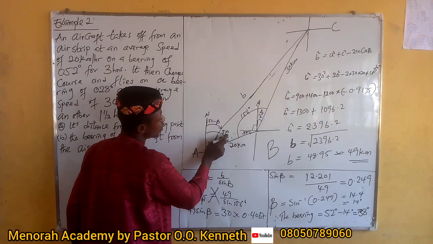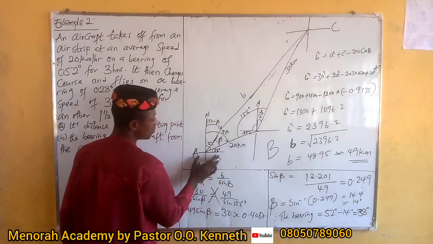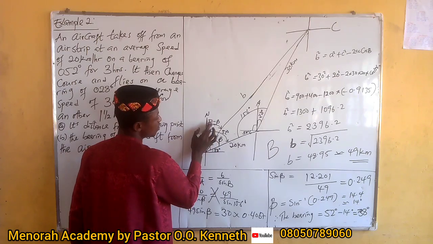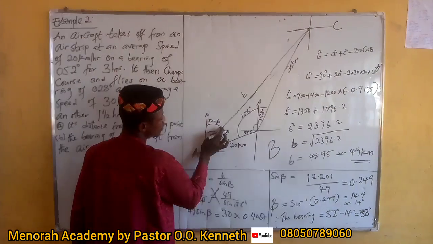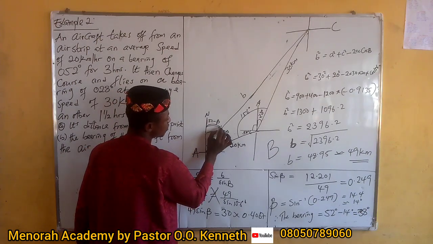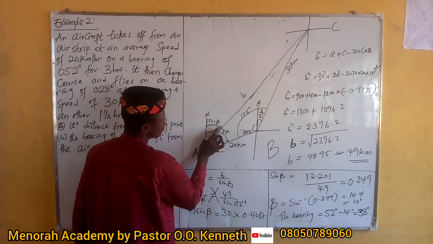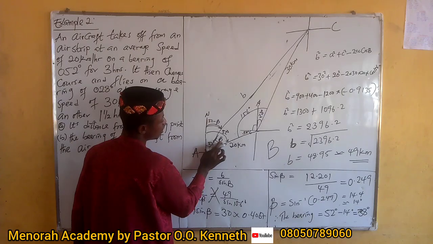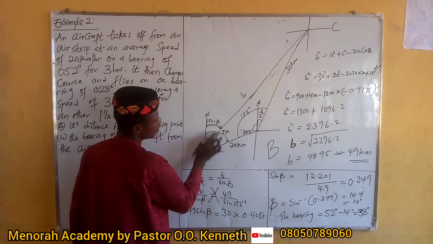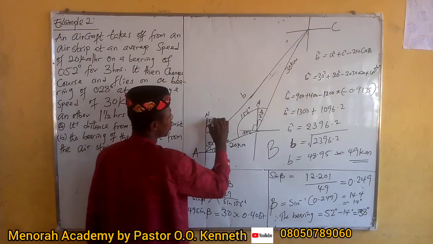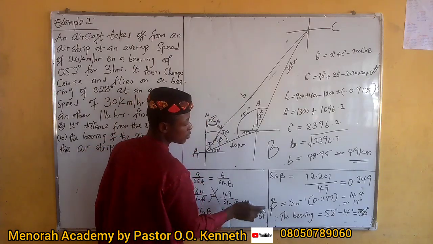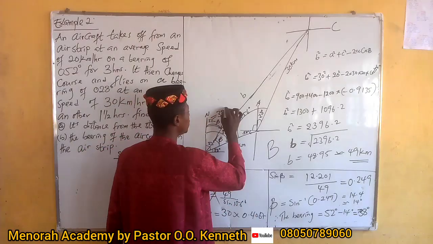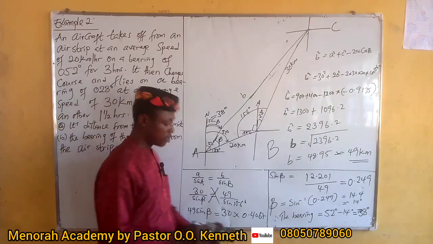So the bearing of the aircraft from the airstrip, the starting point, is 52 minus beta, which is 14, and we just found it to be 38 degrees.